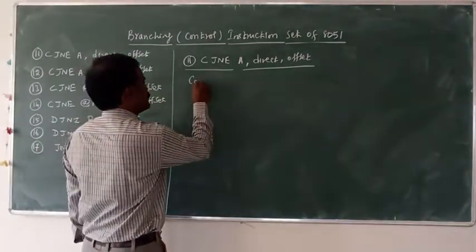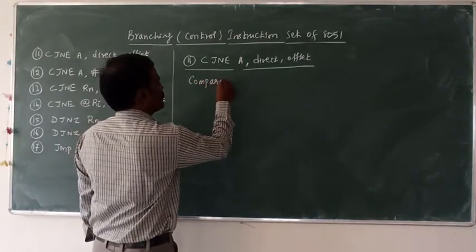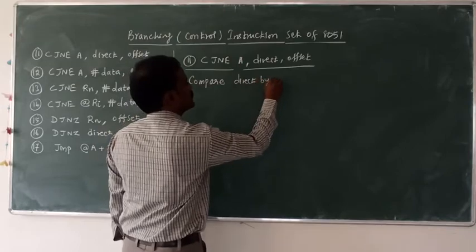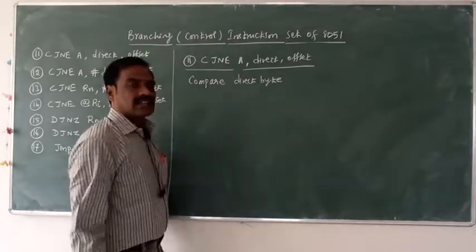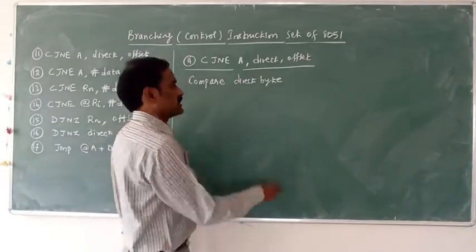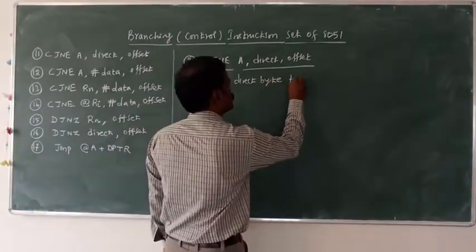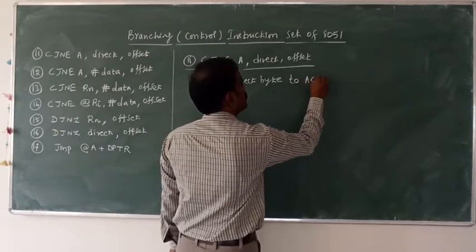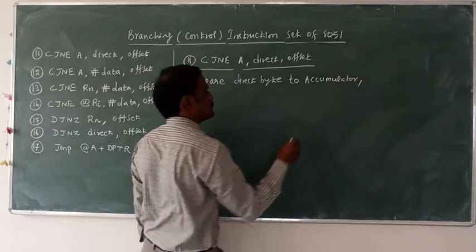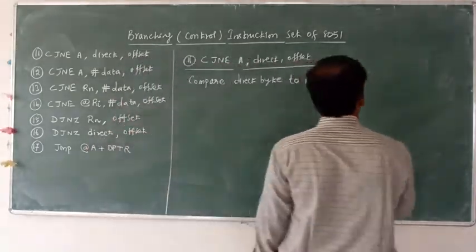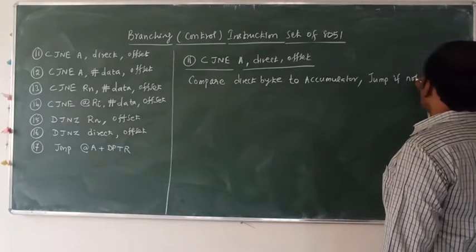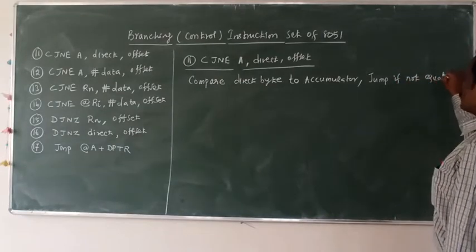Compare direct byte. Direct byte means the given 8-bit memory address location data, that data to accumulator. Jump if not equal.